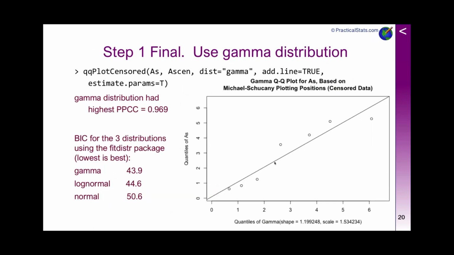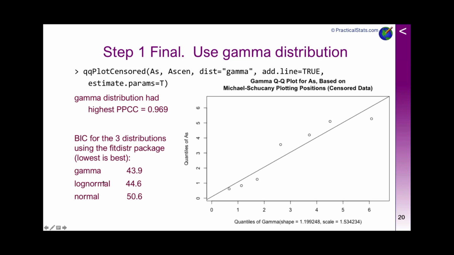Okay, so this is the gamma QQ plot where the gamma distribution is plotted as a straight line. It was the highest PPCC by just the third decimal place of 0.969. If we had used the BIC for the gamma, log normal, and normal, and again, that's a measure of error, so you want the smallest value, it's pretty clear that the normal is not as good as the gamma or log normal.